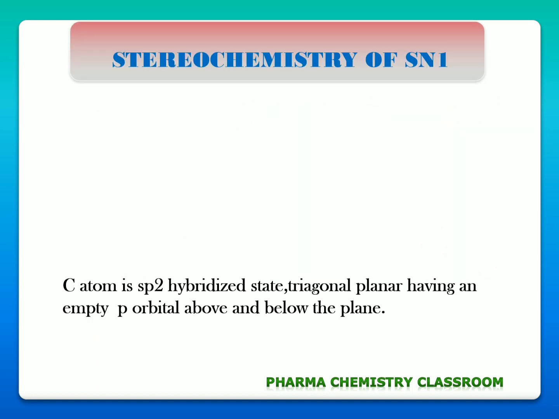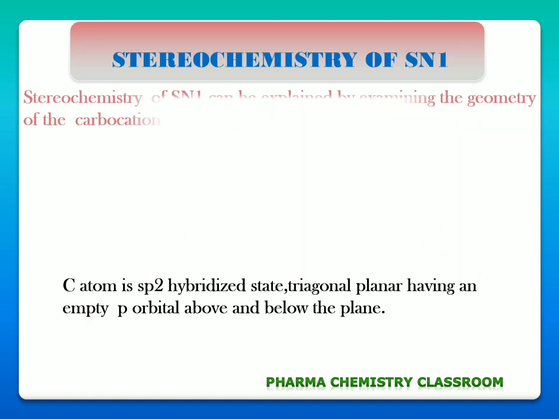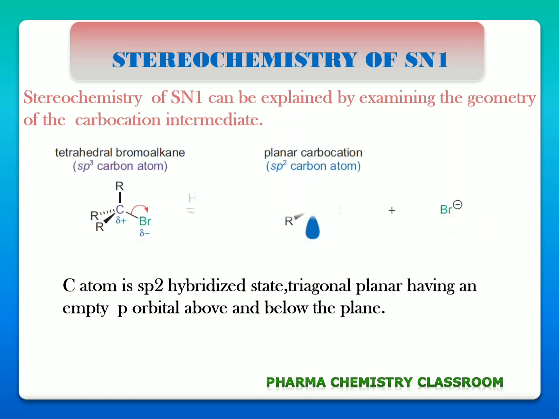Next we will see the stereochemistry of the SN1 reaction. The stereochemistry of the SN1 reaction can be explained by examining the geometry of the carbocation intermediate. So look here at the carbocation formed.